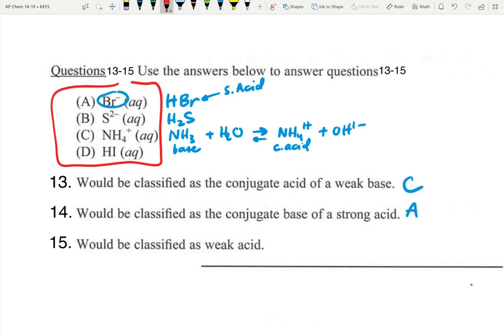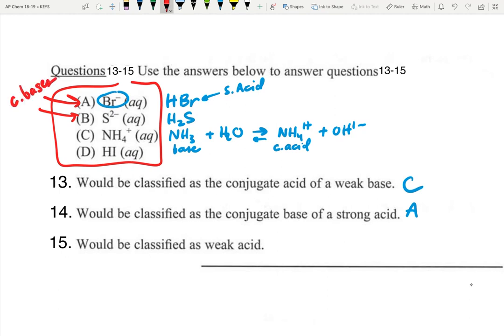Well, we've already identified D as a strong acid, so it's not D. We've already identified the other 2 here, both bromide ion in A and the sulfide ion in B, as the conjugates from acids. So these are both conjugate bases. This and this are both conjugate bases from a strong and a weak acid, respectively, but they're both conjugate bases.